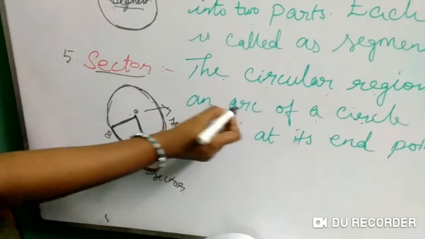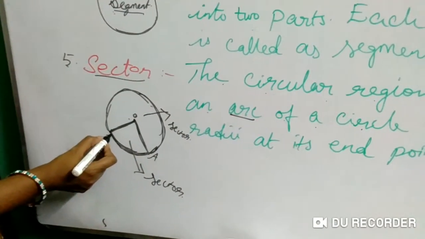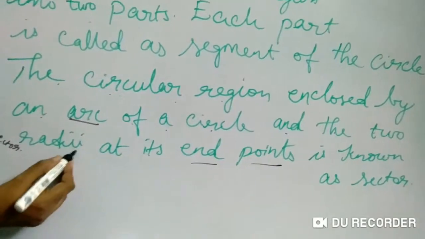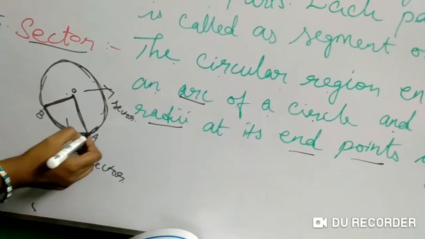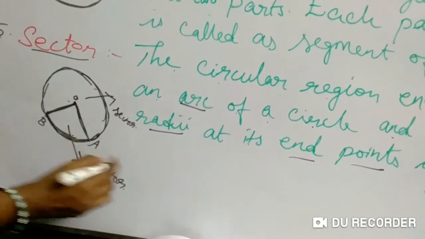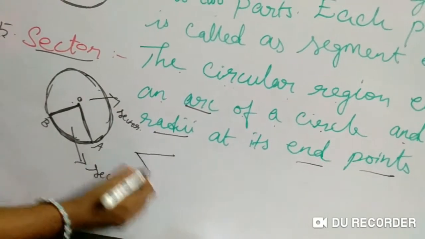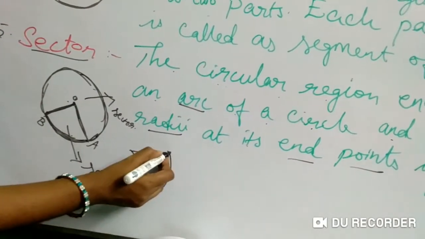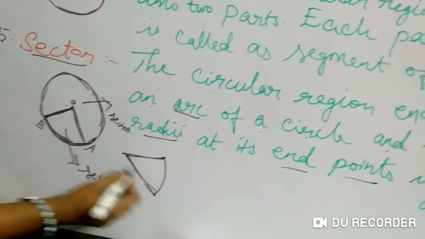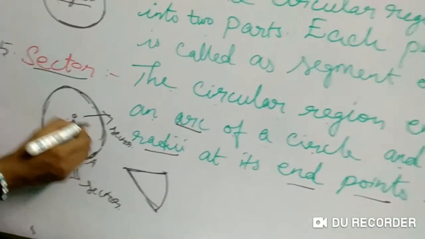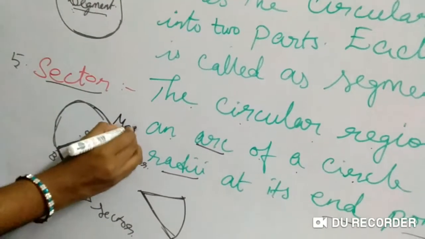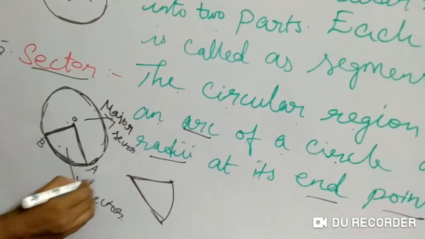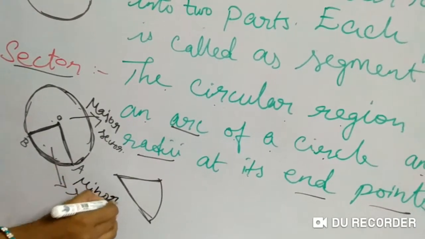The arc represents part of a circle, and the endpoints of the radii are enclosed. This is known as a sector. And here also you can name the larger portion as the major sector, and the smaller portion as the minor sector.